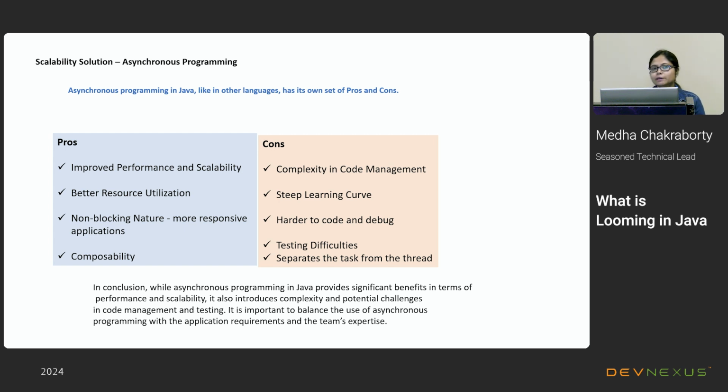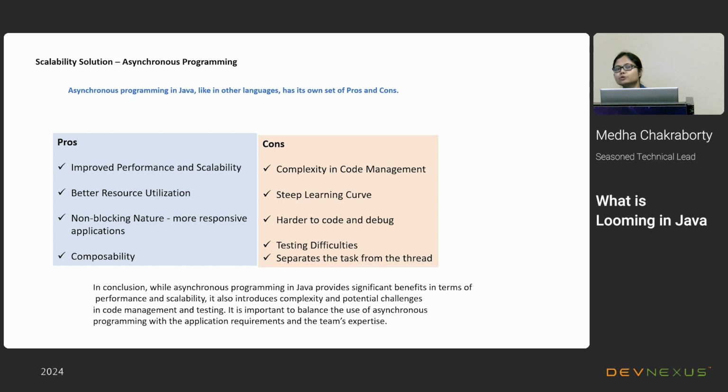But this also comes with some cons. What are they? If you have written asynchronous programming code, with compatible features, event looping, and the async features which Spring Boot gives, you have seen that the debugging of the code becomes very difficult. However many lines you print out, if you get some exception, it's very hard to debug and understand exactly where it is failing.